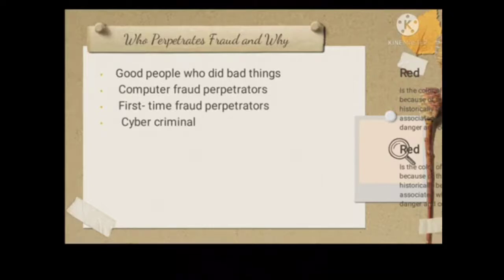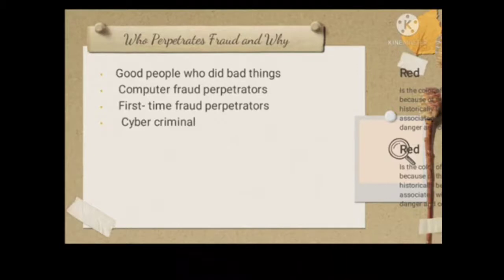So next is the cyber criminal. They are a top FBI priority because they have moved from isolated and uncoordinated attacks to organized fraud schemes targeted at specific individuals and businesses. They use online payment companies to launder their ill-gotten gains and hide their money.